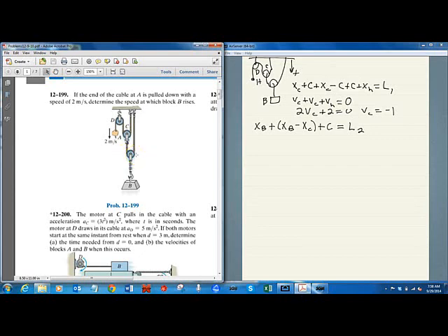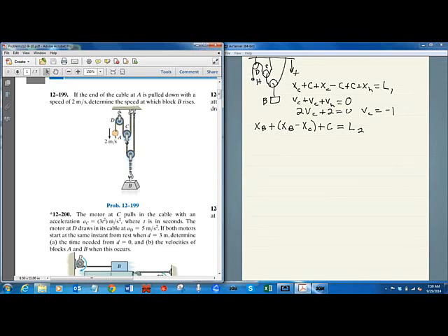And maybe a whole bunch of other constants, because there's a constant between that hook and the center of that pulley. I don't get ulcers over constants, because I'm going to differentiate them. So you put in as many constants as you want to make you feel comfortable. All right, now what are you going to do with that equation, you think? Let's take a derivative.